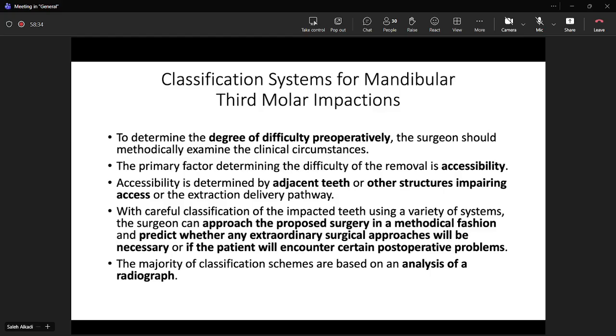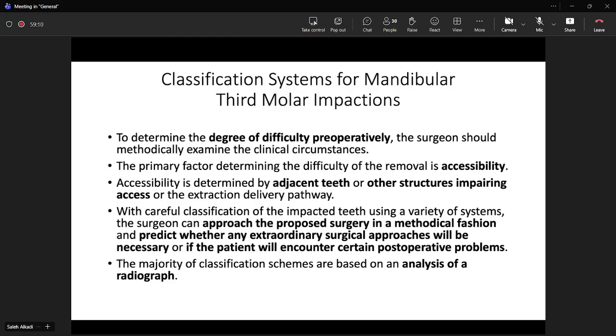And we talk here about structures like the ramus, the cheek, and limited mouth opening. So they may affect the accessibility to this wisdom tooth. With careful classification of impacted teeth using a variety of systems, we can approach the proposed surgery in a methodical fashion to predict whether to extract in a normal way or an extraordinary way, and if the patient will encounter certain postoperative problems.